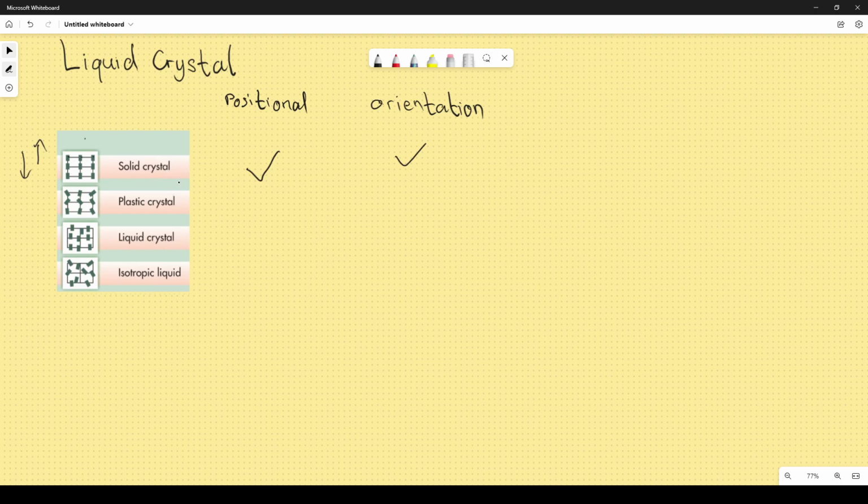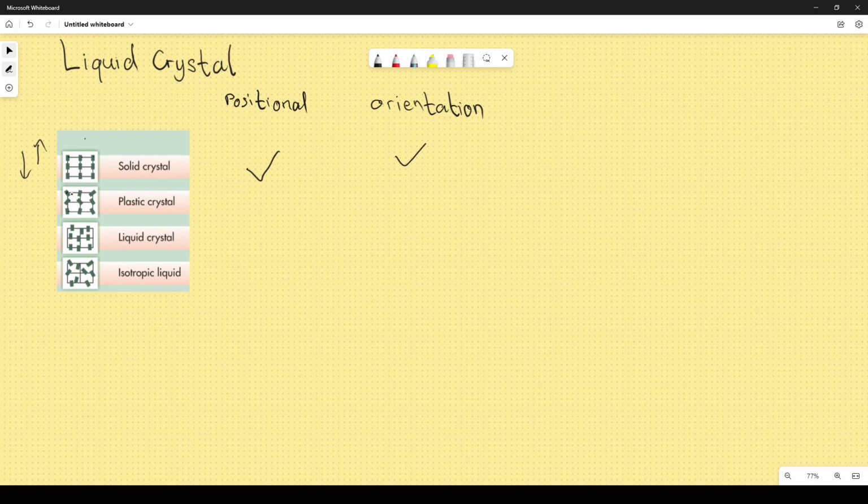Then let's look at plastic crystal over here. They have the same positional order with respect to each other. So this atom and this atom and this atom are separated by the same certain distance, let's say A. But they don't necessarily have the same orientation.